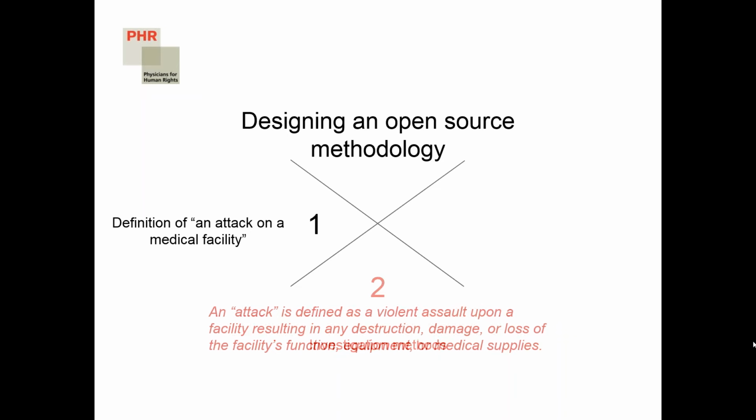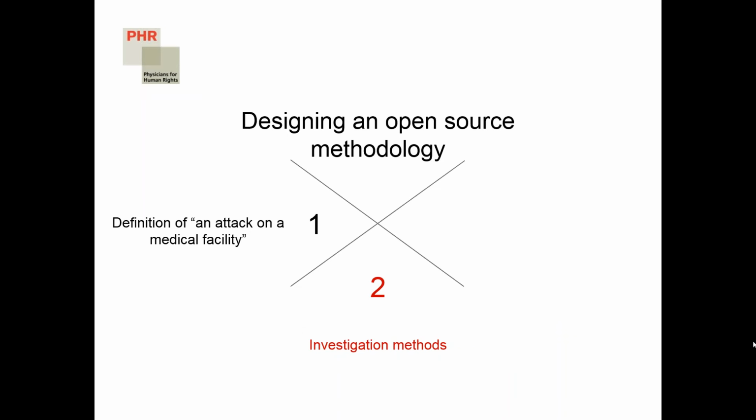The second part is our investigation method. So this is really telling us how we go about looking for the documentation that we find through open source methods. And then the third part is our analysis and review stage. So how we make our determinations, how we decide if we're going to document an attack or not.